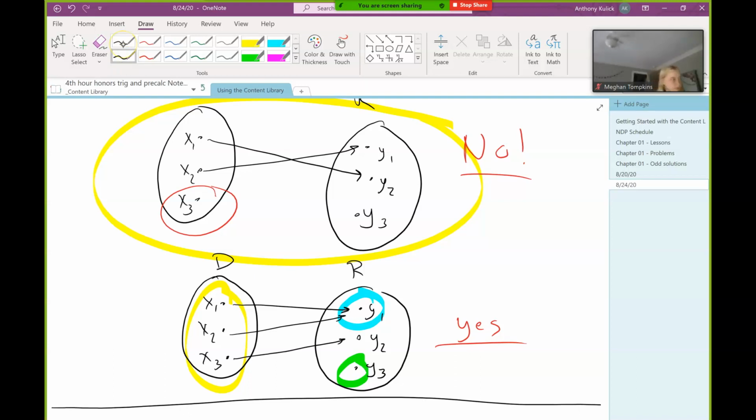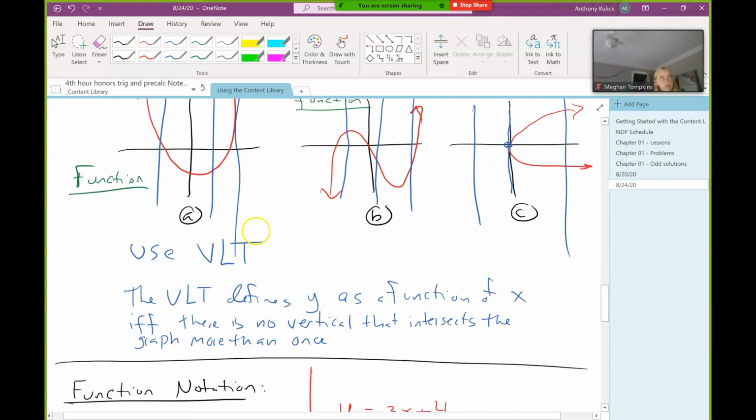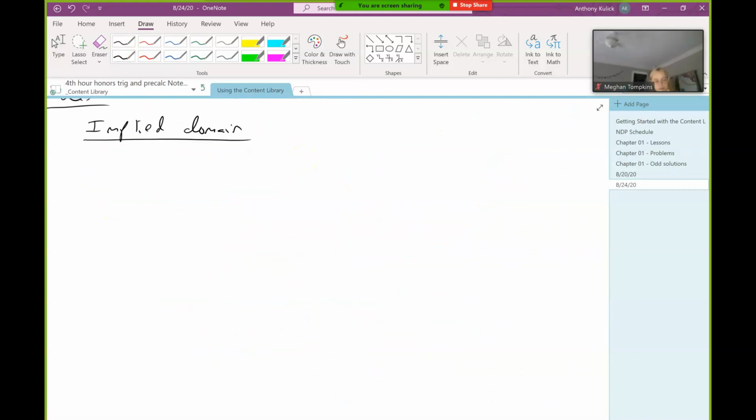That's kind of the idea here with an implied domain, is we're just going to imply that we're doing that. Or it's implied that we're doing something like that.